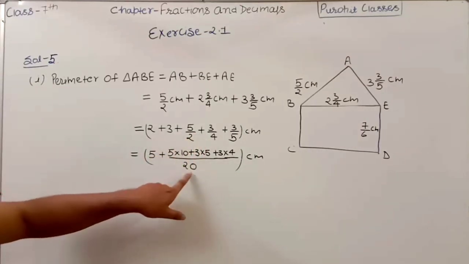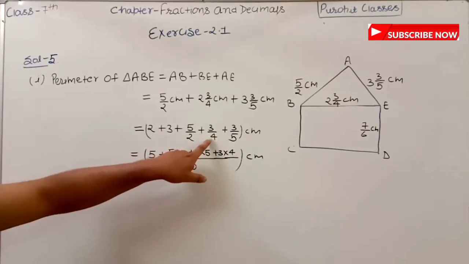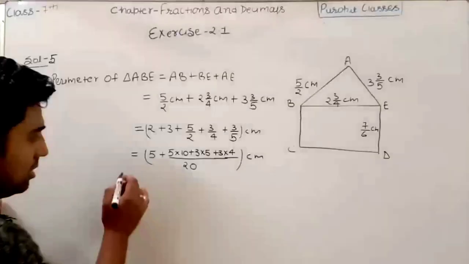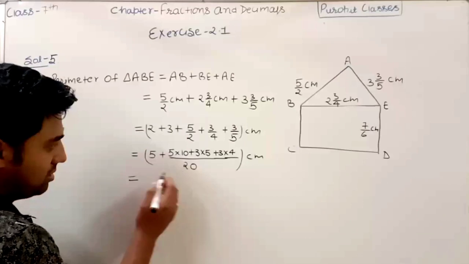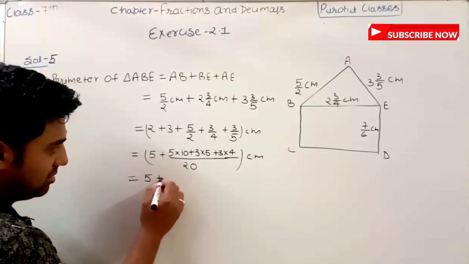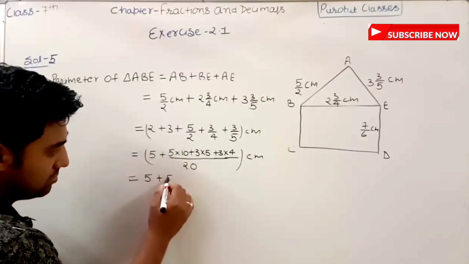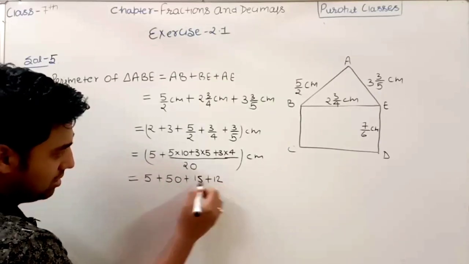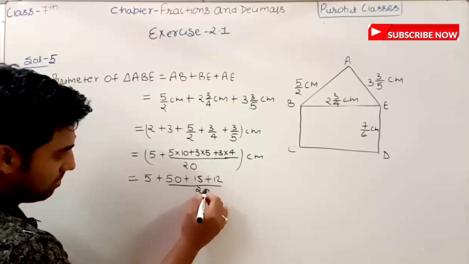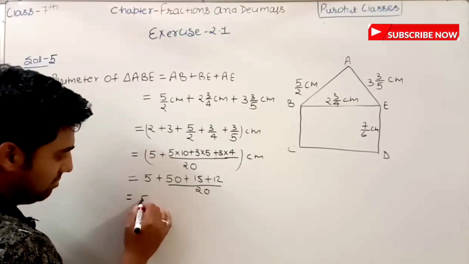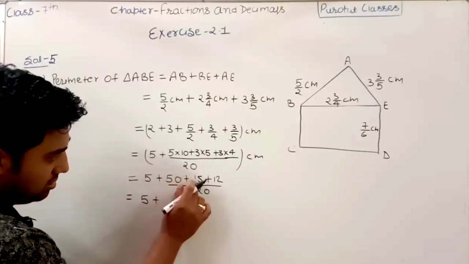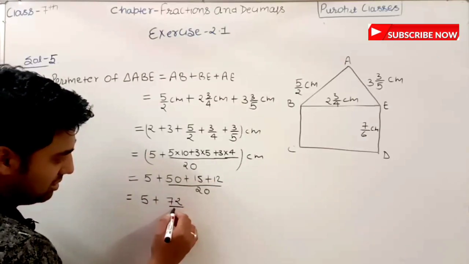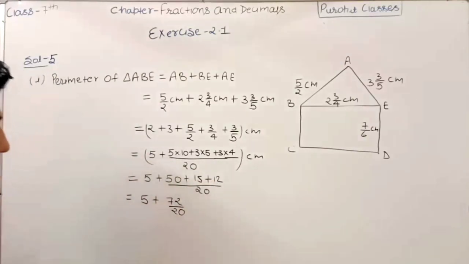So 2 times 10 will become 20, 4 times 5 will become 20, and 4 times 5 will become 20. So nothing, simple calculation. 5 plus this will be 50 plus 15 plus 12 divided by 20. This will be 5 plus 72 divided by 20. Getting or not?